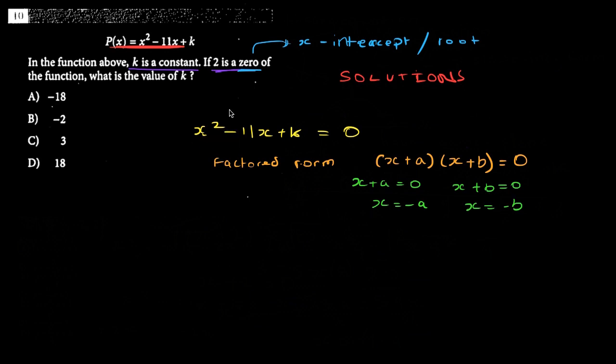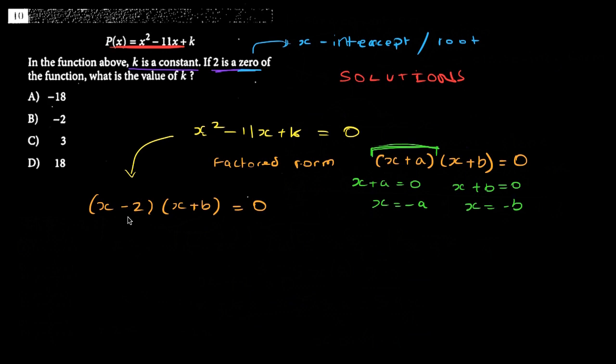Okay, so here I'm going back to this quadratic, right? We already know one of the factors, and the reason is that it says 2 is a solution. If I automatically jump into the factored form for this quadratic, it's going to look something like this: x minus 2 into x plus, let's say, a random variable b, equals 0.